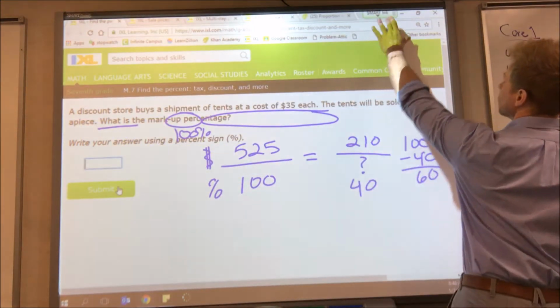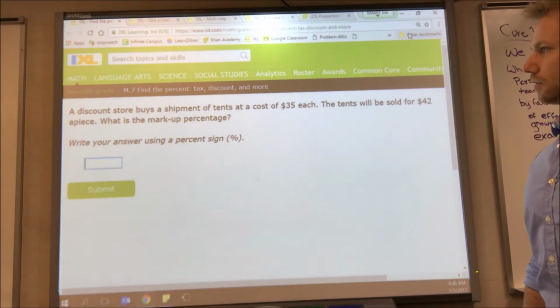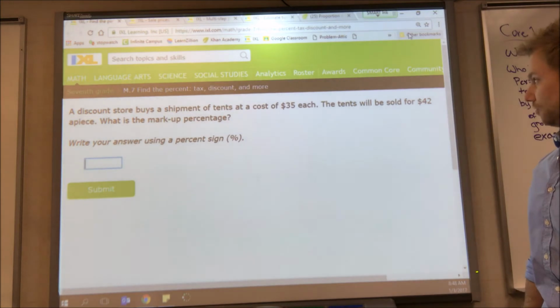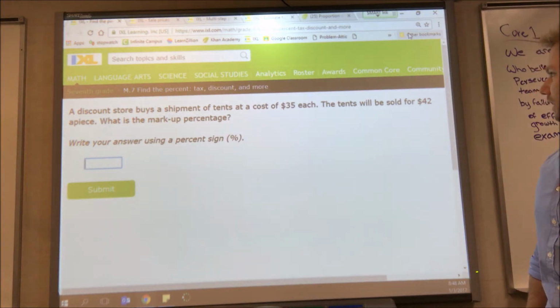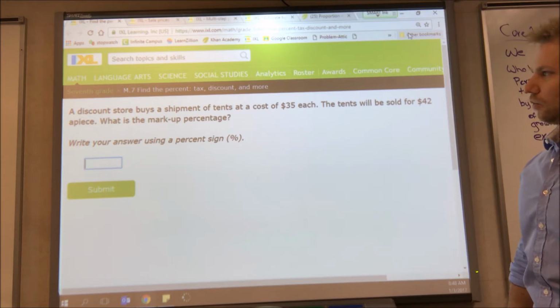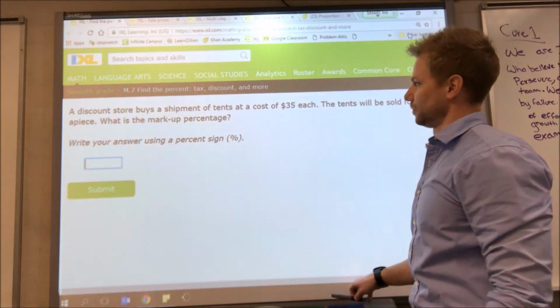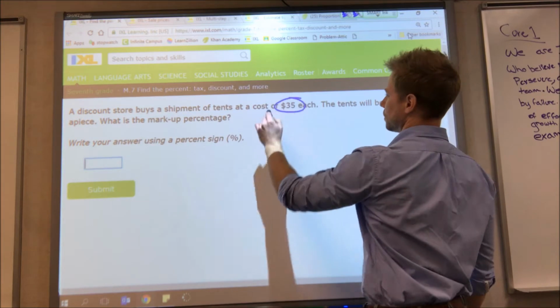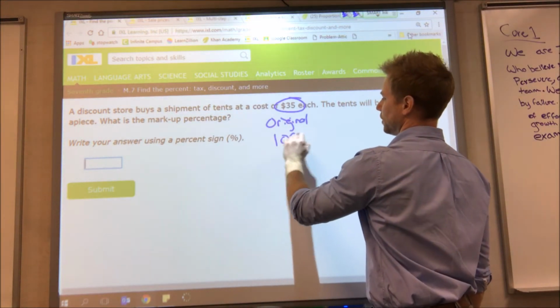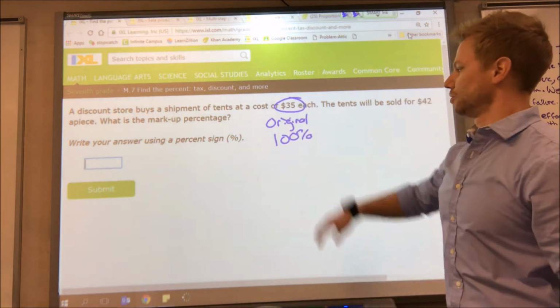Good. Let's try one more of those. A discount store buys a shipment of tents at a cost of $35 each. The tents will be sold for $42 a piece. What is the markup percentage? Okay, so this is the original cost, which 100% goes with that original cost.